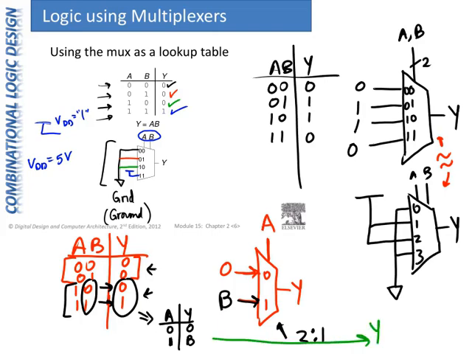Y is equal to, well, the only way I'm going to get a 1 on Y is if A is true and whatever is in that Y output column is true. A has to be 1, and B has to be true. Now we are back to our original expression of Y equals A and B.